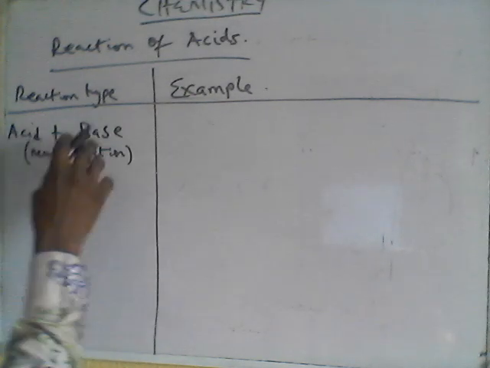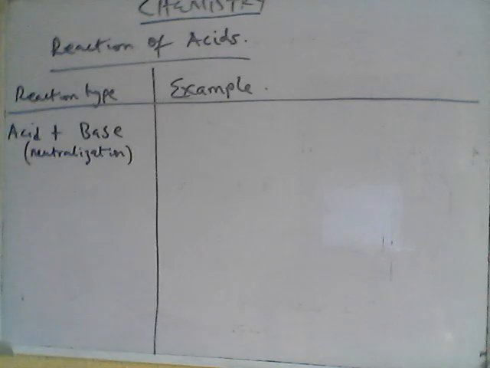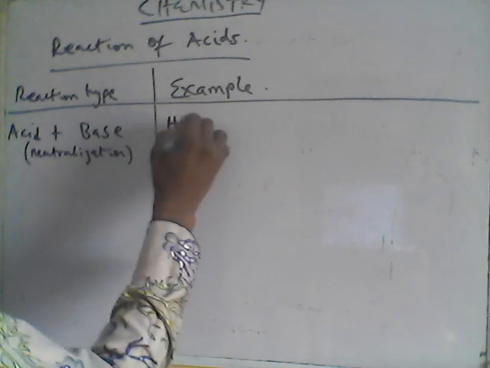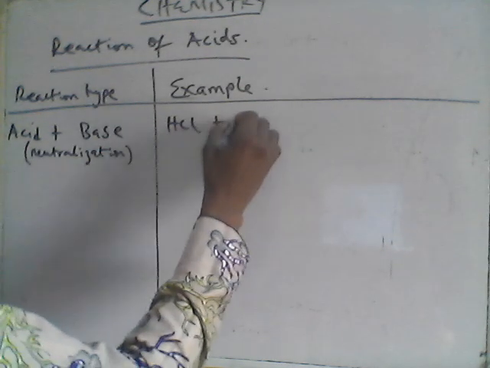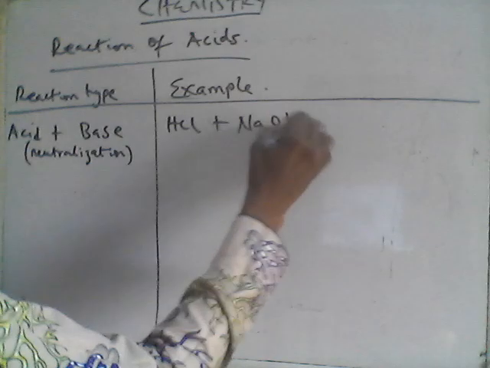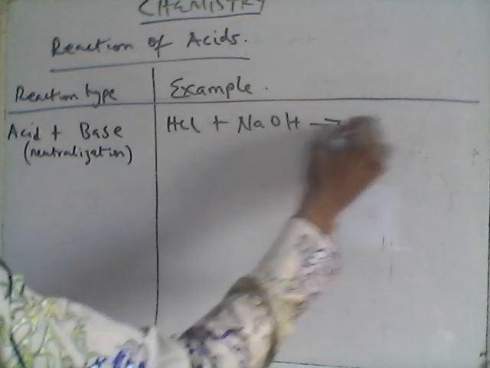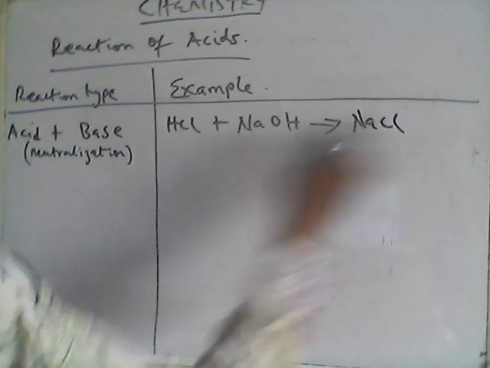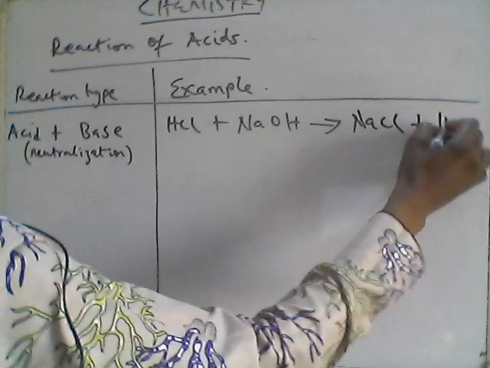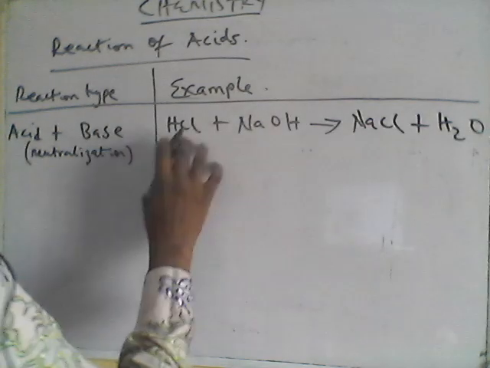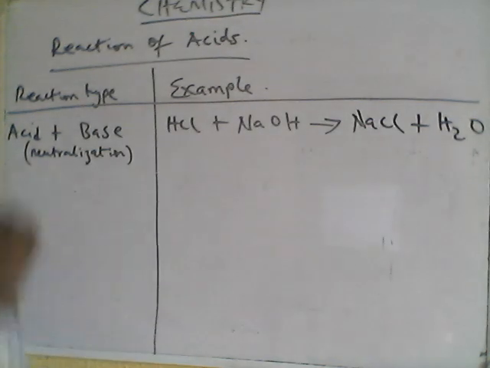So if you have acid and base, it will give salt and water. Example, I have acid, HCl, plus sodium hydroxide. That's acid and base. It will give me salt, this, and water, this and this. So that's the first type of reaction.